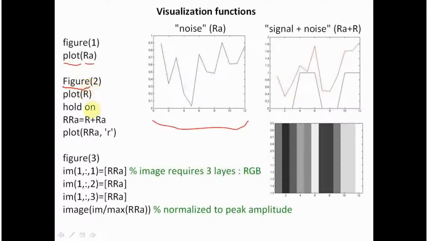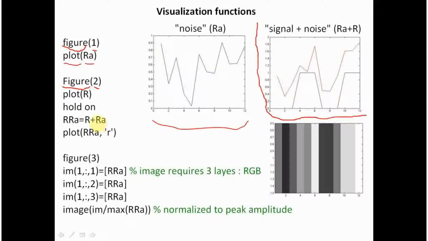Figure is a function which will open another separate figure, separate window, where you can plot something else. So figure just opens a figure. Here we open figure 1, and this will be the name for this figure, figure 1. And here we open figure 2.